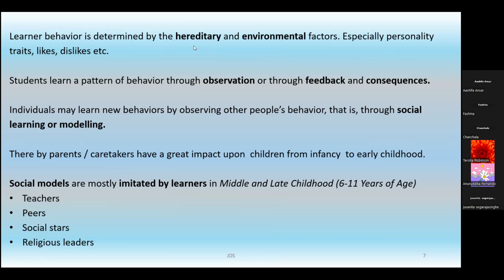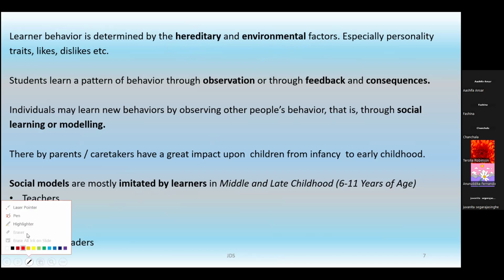Thereby, intelligence is considered an important trait that modulates the learner behavior. Intelligence is partially determined by hereditary factors and also by environment. 50-50, hereditary and environment both impact the intelligence level of a person.